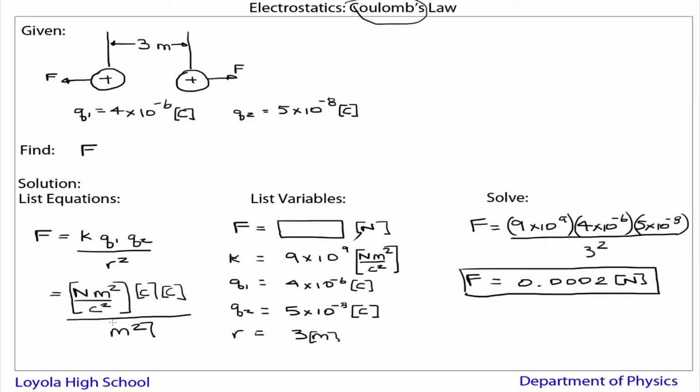So I have a coulomb times a coulomb, which is coulomb squared, and that cancels with this one. And I have a meter squared on top and a meter squared on bottom, so that cancels too. The unit I'm left with is a newton. So the bottom line is, if I make sure that my units are coulombs for charges and meters for the distance, then my final unit will be a newton.